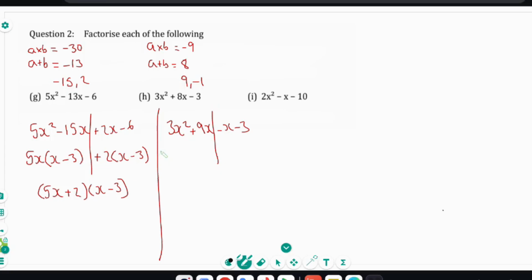Split. Right, 1. And it's going to have to be a minus, isn't it? Yep, that all works. So x plus 3, 3x minus 1.